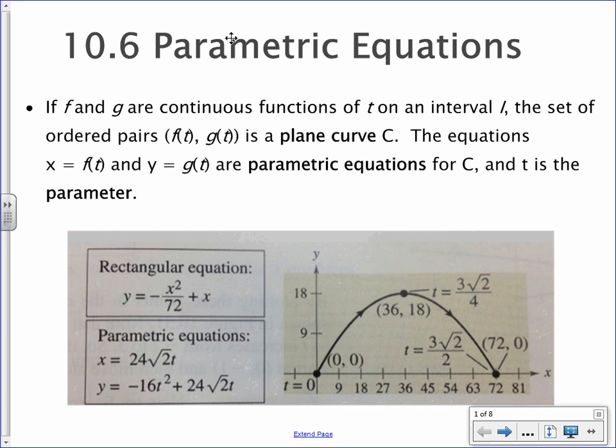We just have two equations in terms of t. So instead of plugging a value in for x to find your y, we're going to plug a value in for t to figure out x, and plug a value in for t to figure out y, to get our xy coordinates.